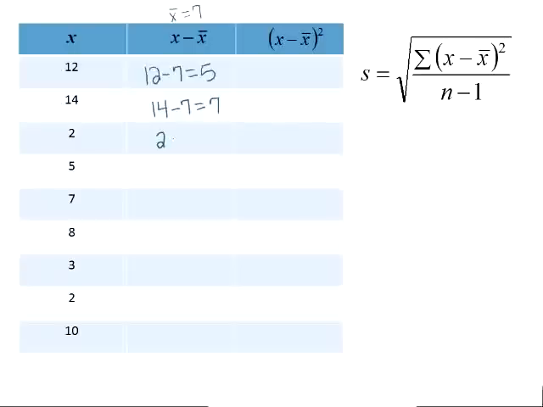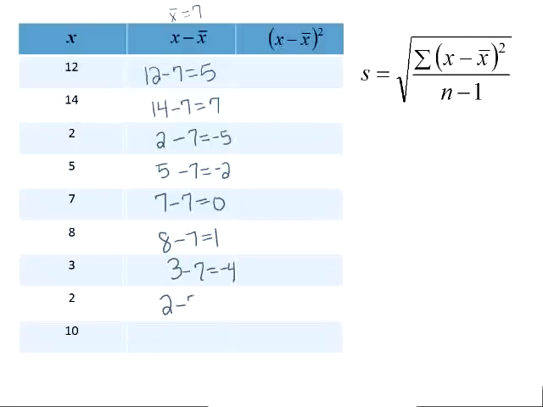And we'll just do this all the way down for each data point. So what those numbers represent in the second column are the deviations of the data point from the mean.